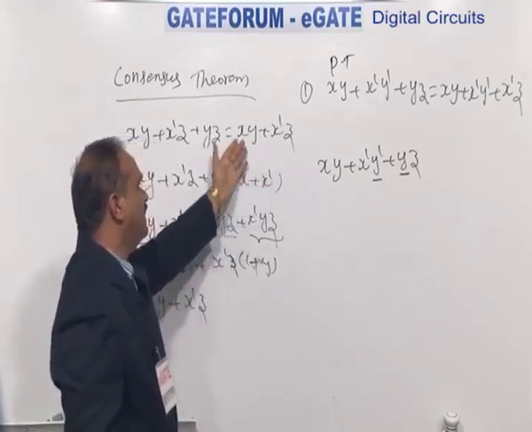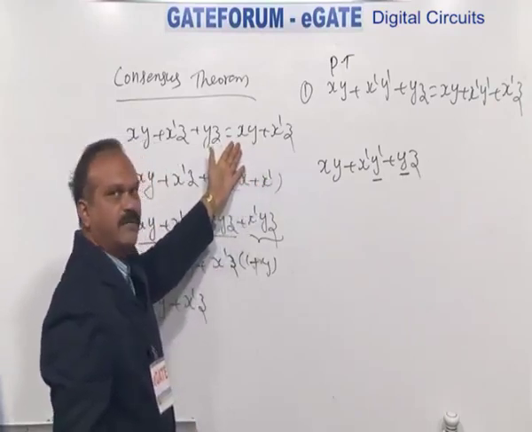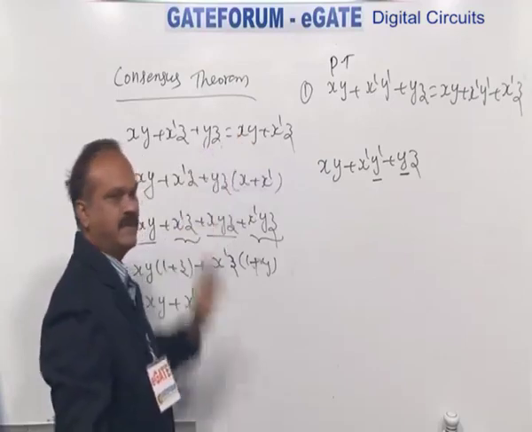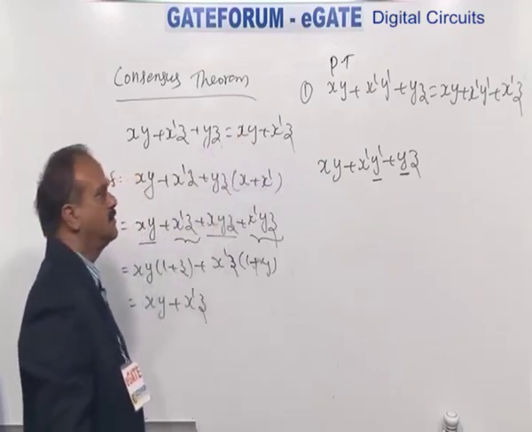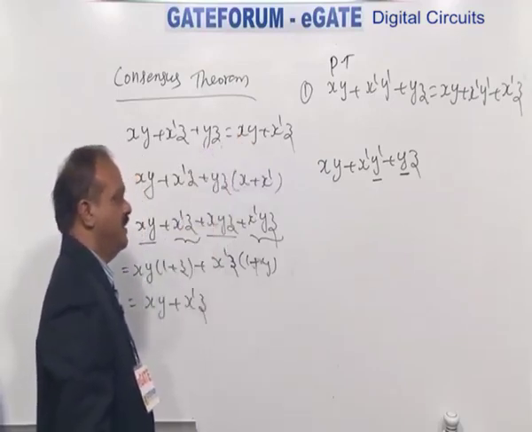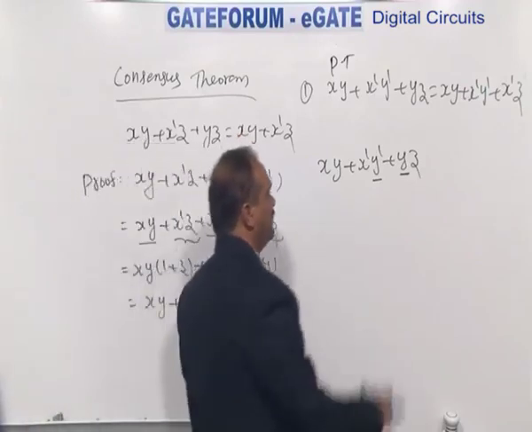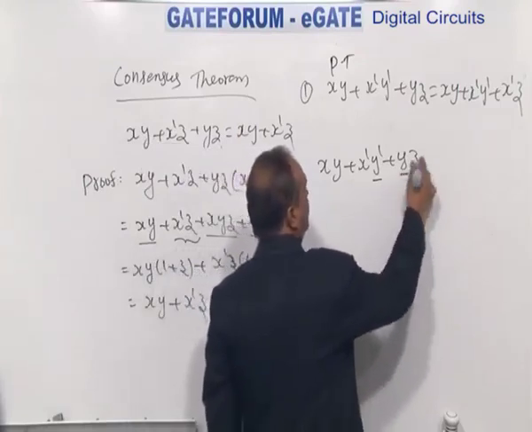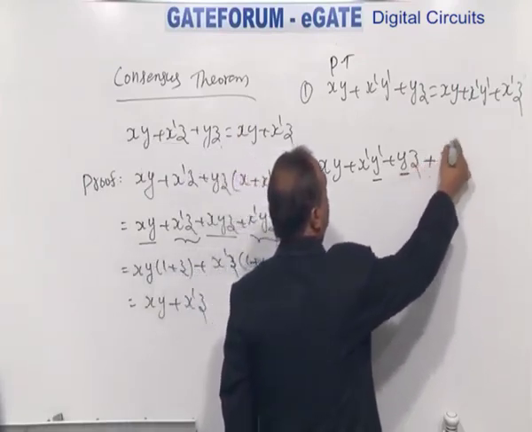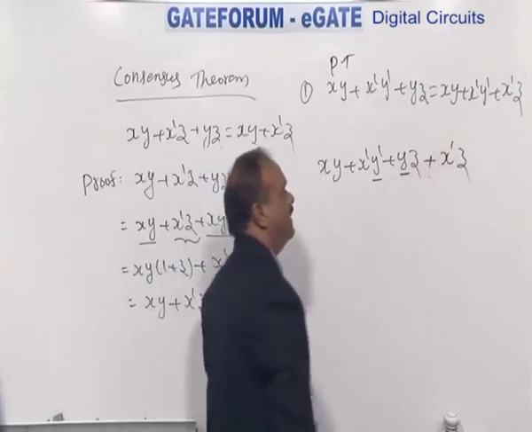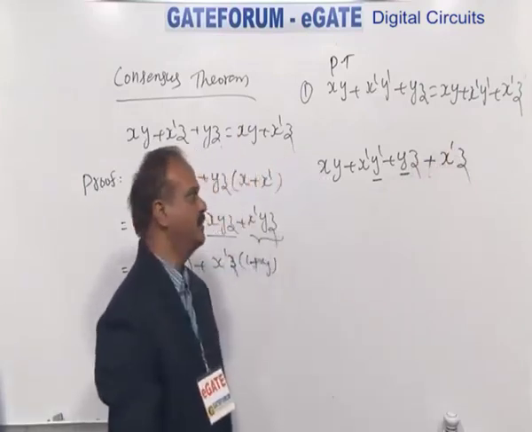How have I added yz here? y is the multiplication factor of x and z is the multiplication factor of x bar. So we have added the product term yz. Same way, if you apply the consensus theorem to y and y bar, you can add the product term x bar z.